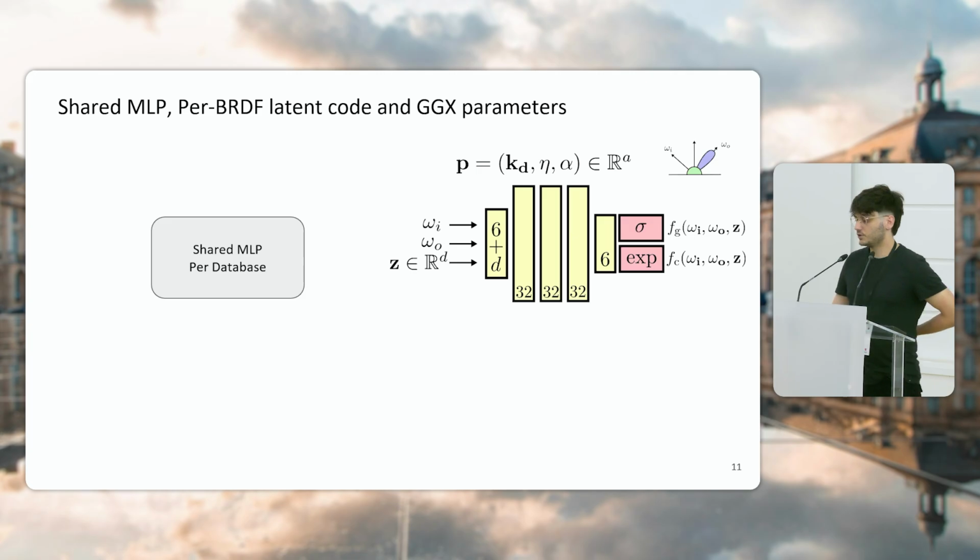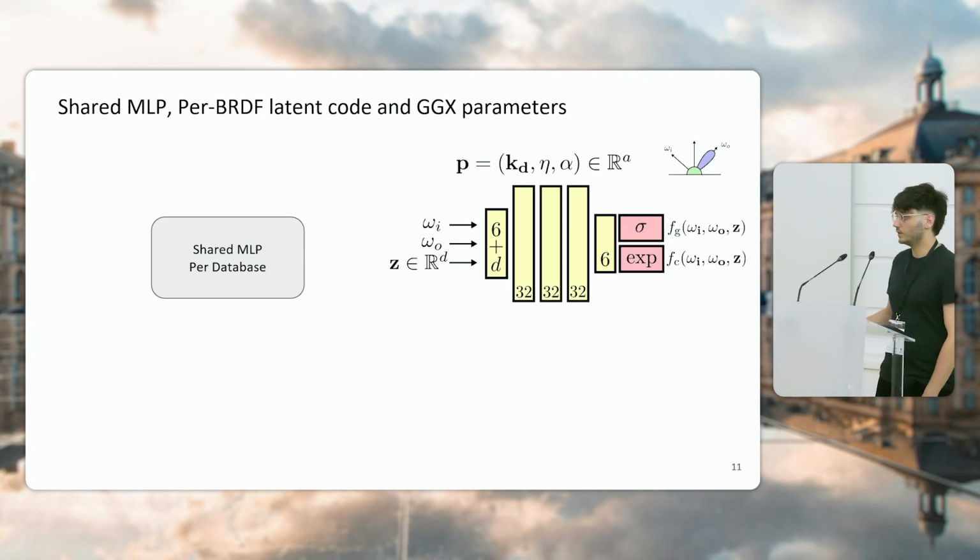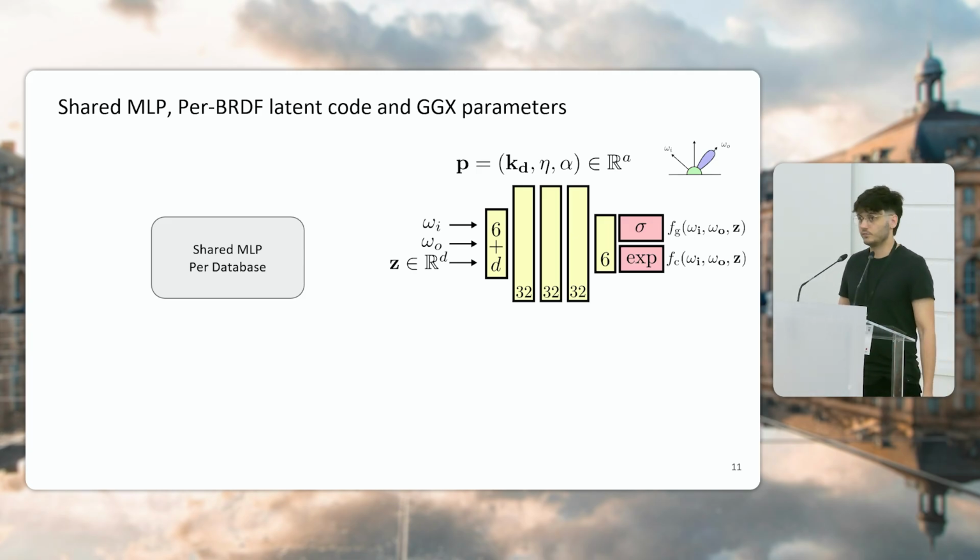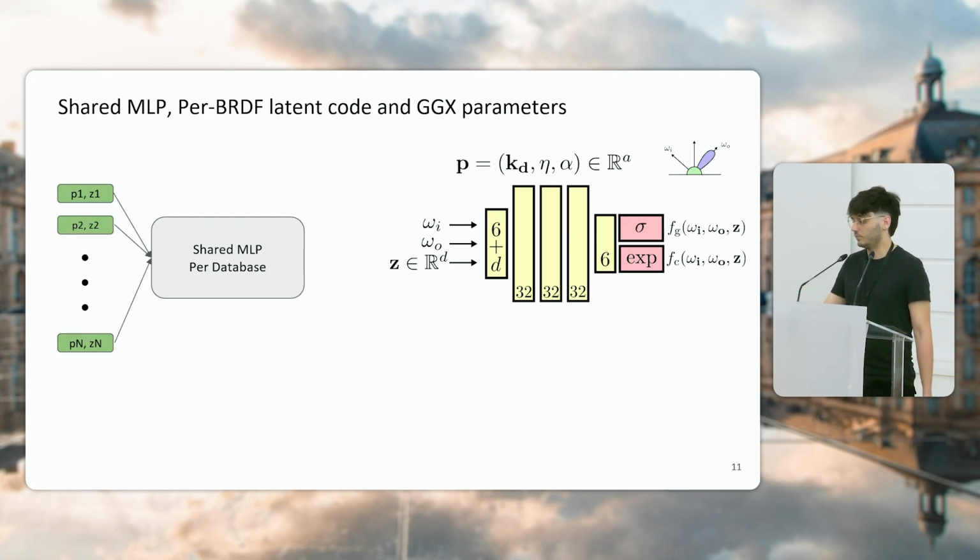So we have this MLP that is shared for a whole database of BRDFs, so multiple tens of BRDFs. But you could also curate a small collection of BRDFs if you want to concentrate on a particular effect you want to represent with the MLP. So you have your many P and Z vectors that represent each one of your BRDFs that are all sharing the MLP.